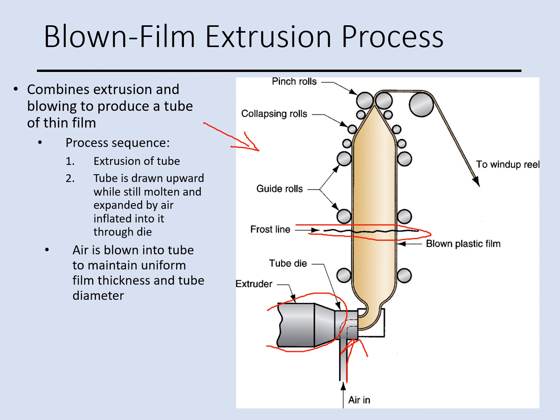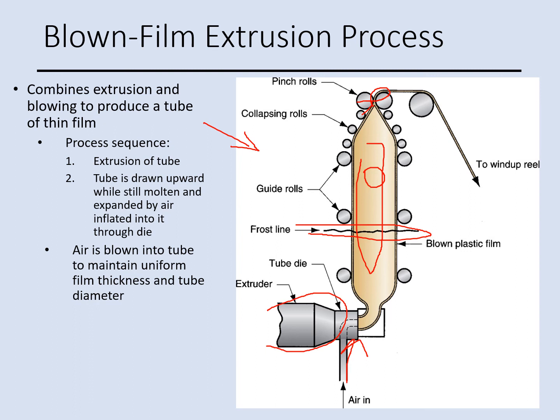And we have air inside the tube. In this area we have air, all of them. And then there is a pinch roll up there. These are 2 pinch rolls that squeeze the tube back together when it is cool.